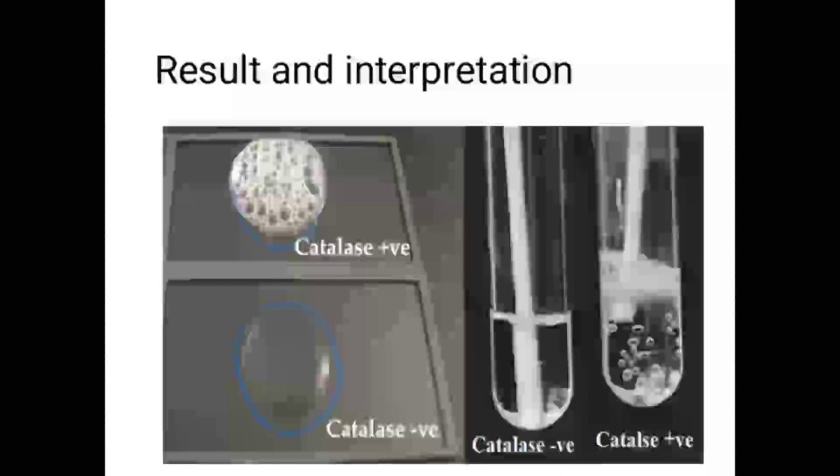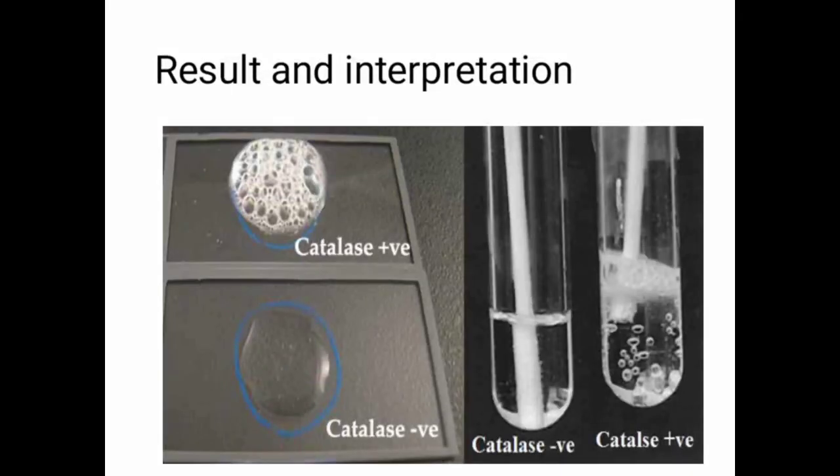One thing should be remembered: we take colonies from a 24-hour organism, not more than 24 hours. If we take a sample from an organism older than 24 hours, the result will be falsely negative.